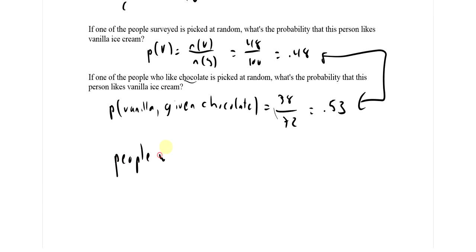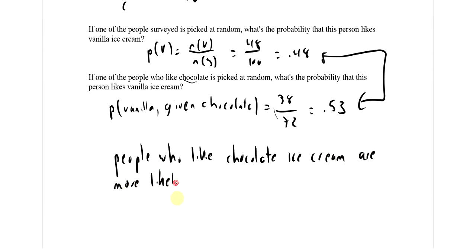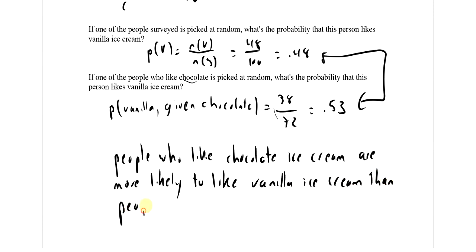Well, people who like chocolate ice cream are more likely to like vanilla ice cream, and more likely than the general populace. 53% of the people who like chocolate ice cream also like vanilla. 48% of people in general like vanilla.